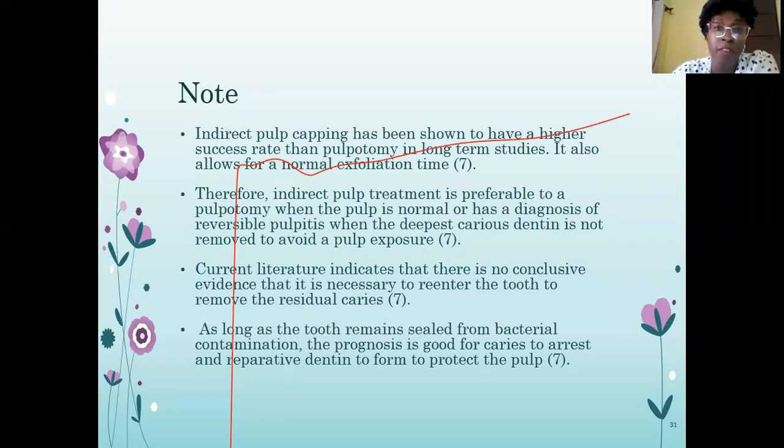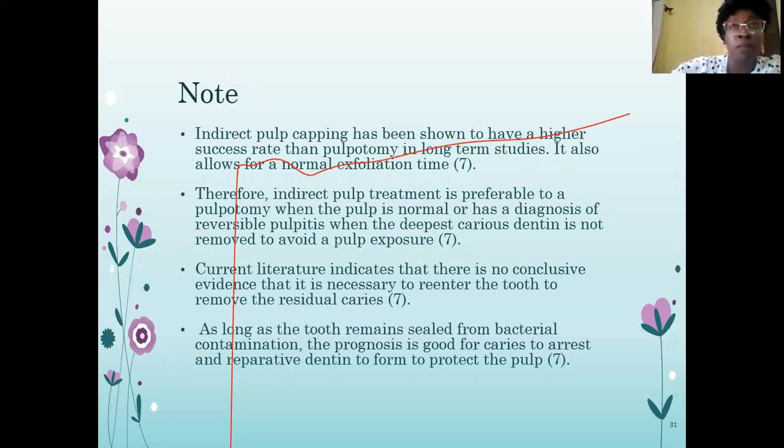So it is preferable to pulpotomy when the pulp is normal, with a diagnosis of reversible pulpitis, and when you don't remove all the deepest carious dentine, because you are trying to avoid pulp exposure.